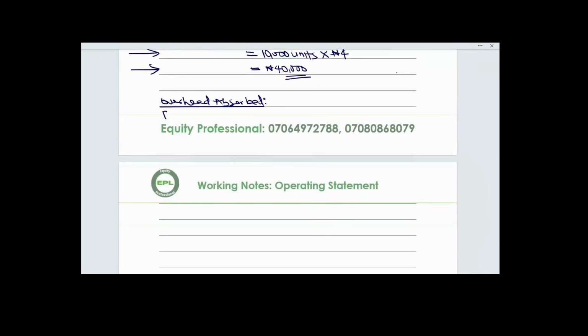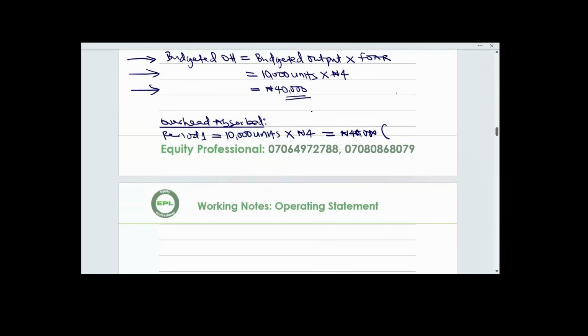Starting from period 1, how many units were produced? 10,000 units. That's the actual units produced, multiplied by the fixed overhead absorption rate of 4 naira. This gives us 40,000 naira, which means that in period 1, the overhead is appropriately absorbed.